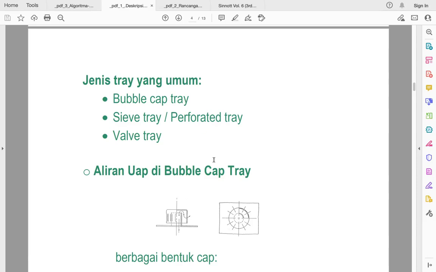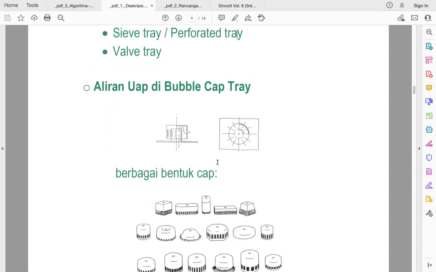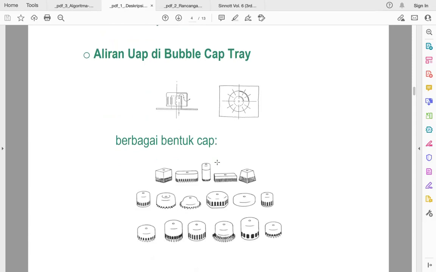Okay, the second one is the bubble cap. In a bubble cap, we have a small hole here, and it is put with a cap, ya, gitu, kasih tutup. So the vapor goes that way and then down here before it leaves the cap.